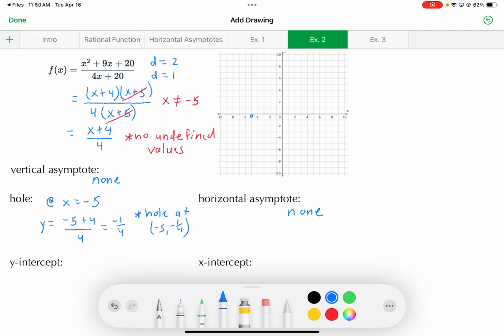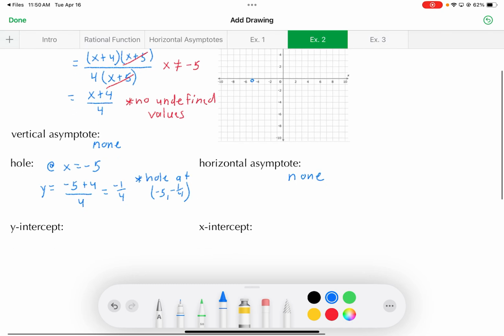All right, now we get our intercepts the same way we would with any other function, right? So for the y-intercept, I would plug 0 in for x. I'd be trying to find f of 0. That would simplify to 1. So on the y-axis, plot a point at 1.